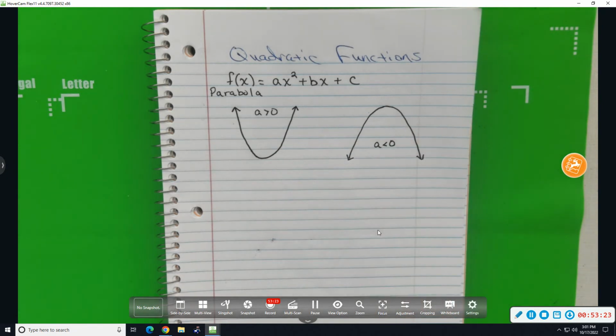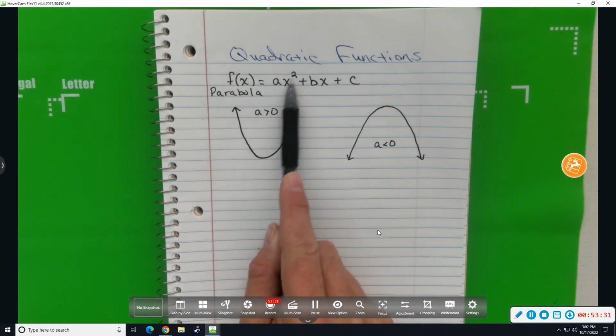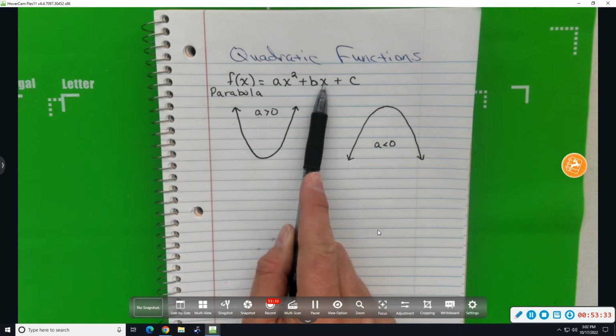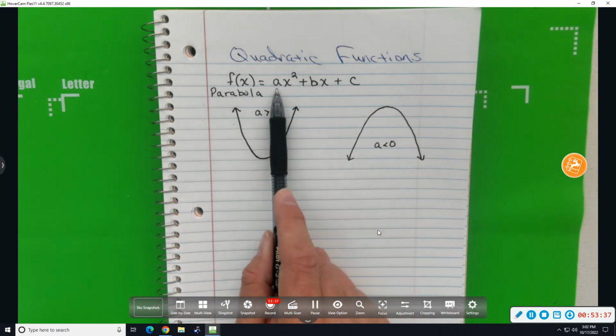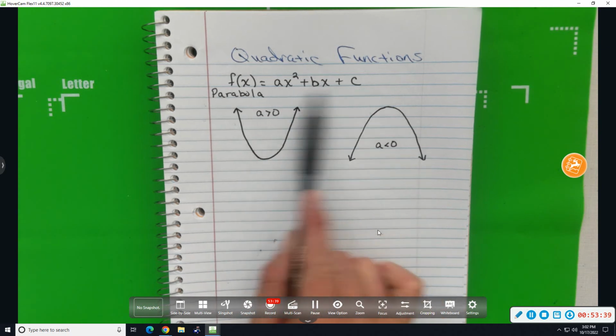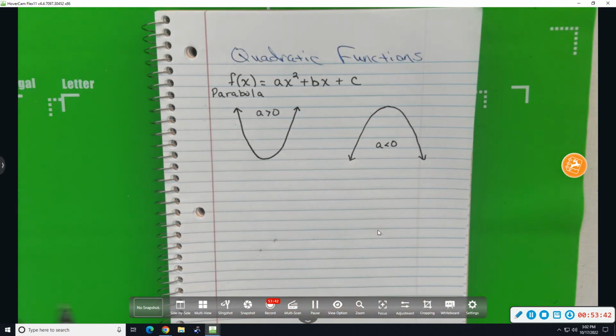So parabolas open up if a is positive, they open down if a is negative. Just like with the quadratic formula, a is the coefficient on x squared, b is the coefficient on x, and c is the constant. You need to make sure you have it written in the standard form, just like when you're working with the quadratic formula.